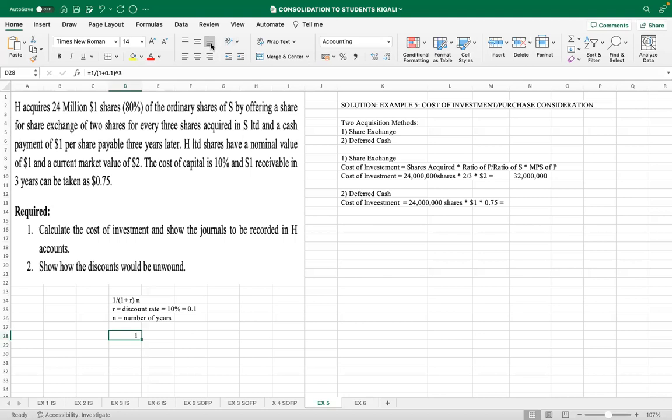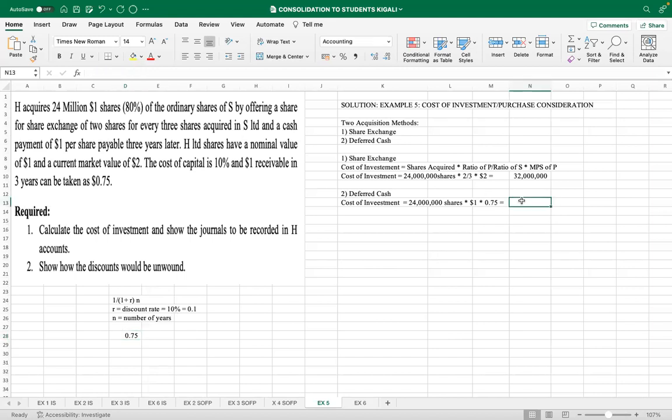The result we get is 0.75. You can see that is the same as this 0.75. So if you have not been given the 0.75, you can calculate it using the formula 1 divided by (1 plus r) raised to power n.